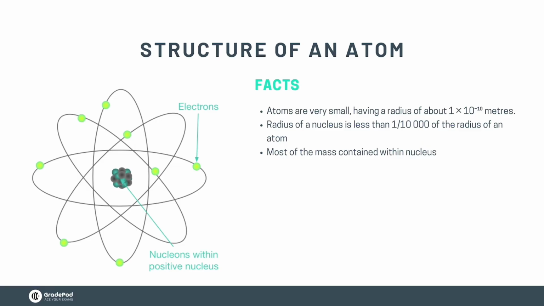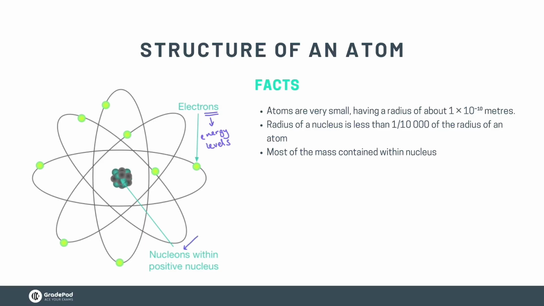It's not exactly right, because as you're going to learn in a little while, electrons sit within energy levels. And this diagram doesn't really show that particularly well. But this is a standard way that we would represent the atom. And you can see that in the centre of the atom we've got nucleons.